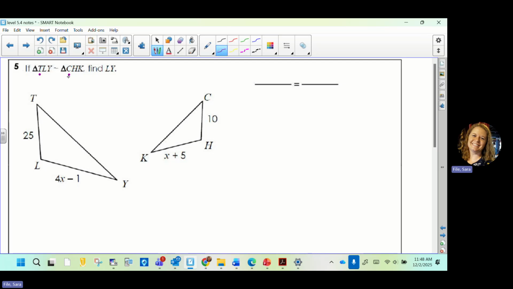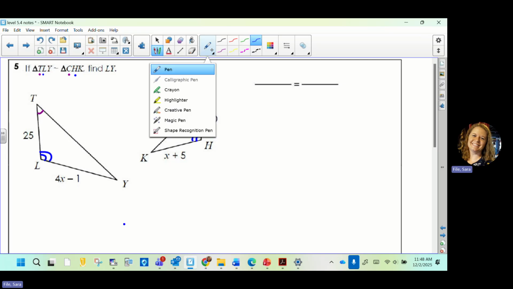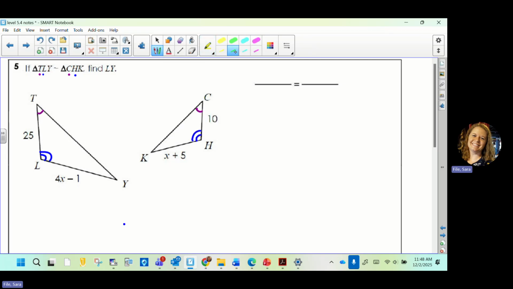So T and C and L to H. And you can mark Y and K, or you can leave them blank. It doesn't matter. So that means that LY, which is what I'm looking for, would correspond to KH, and CH corresponds to TL. So there's my corresponding pieces.